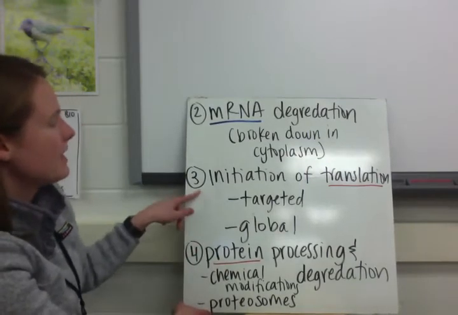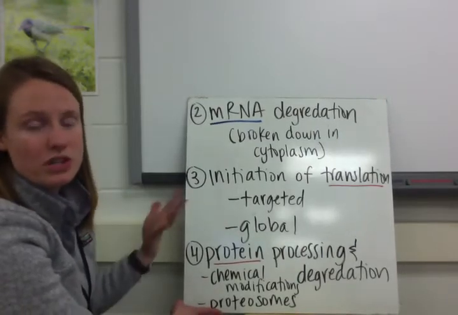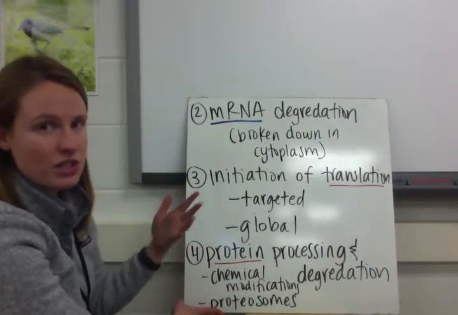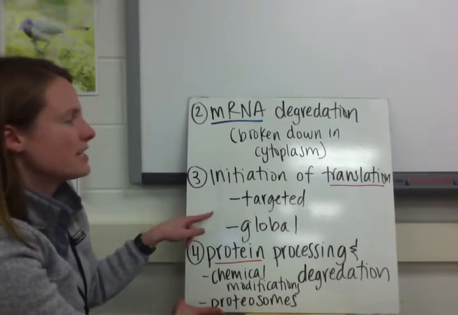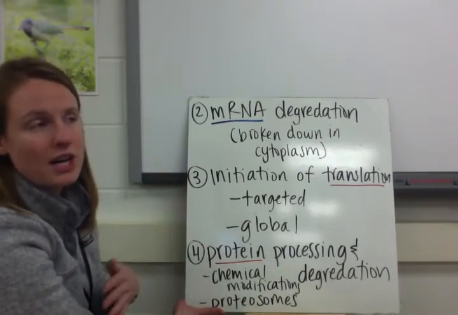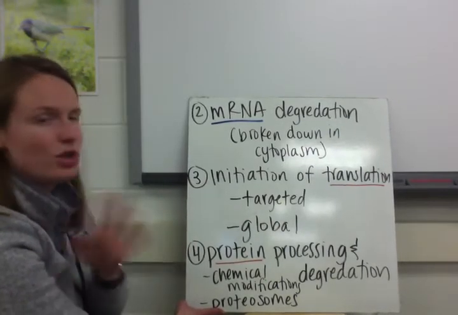Okay. And the next one, initiation of translation. So when we learned about translation, we learned about this step of initiation that starts the process. Initiation of translation can be interrupted or encouraged, I guess, or enhanced in two basic ways.